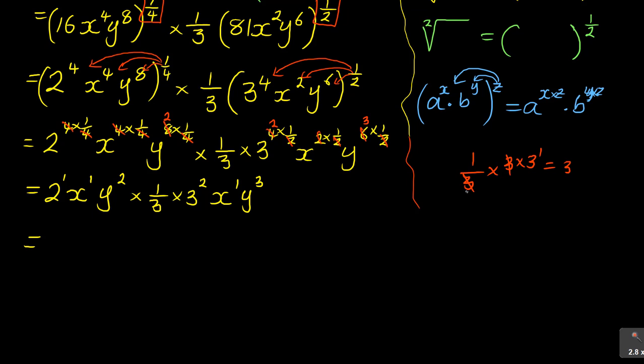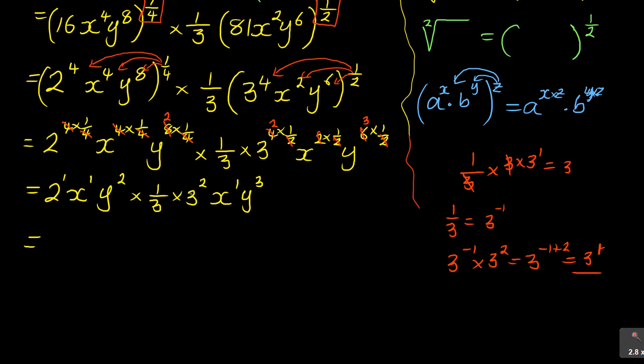Or you can apply a law. Remember, 1 over 3 is the same as 3 to the power negative 1. So you can apply a law which says 3 to the power negative 1 times 3 squared is equal to 3 to the power minus 1 plus 2. Now minus 1 plus 2 is 3 to the power of 1. So in whatever case, you still get a 3.